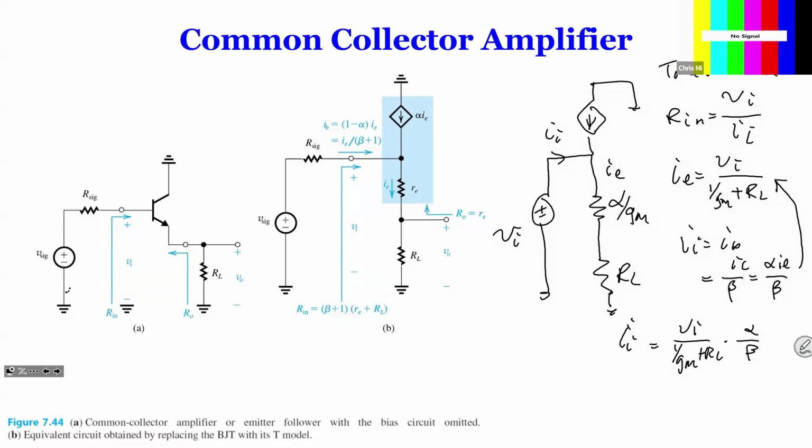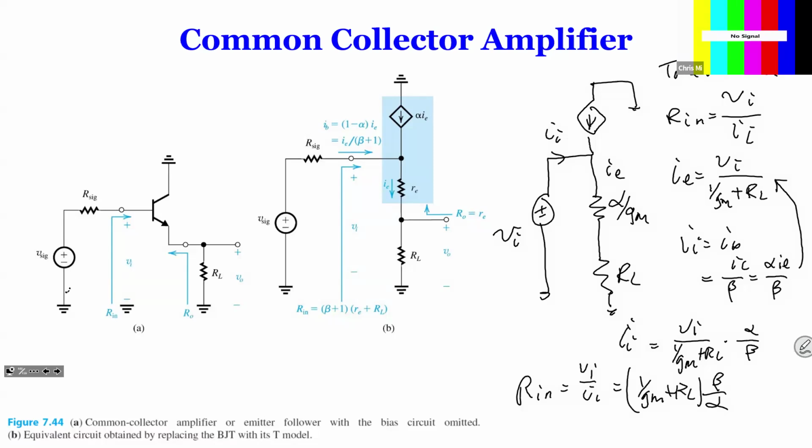So our R in is VI over II, equal to 1 over GM plus RL, times beta over alpha.